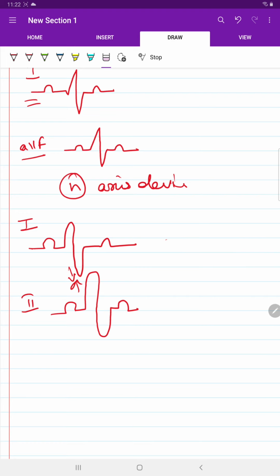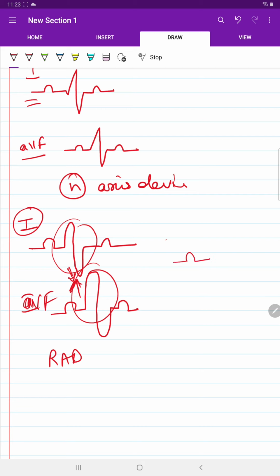So this is right axis deviation: when lead 1 and lead AVF, the QRS complexes are pointing toward each other, that is right axis deviation. When these two waves are leaving each other like this, the direction is opposite, this is left axis deviation.